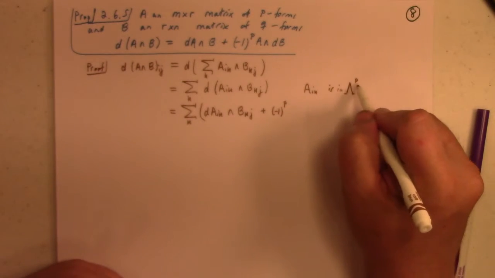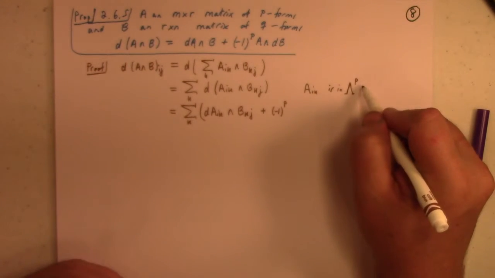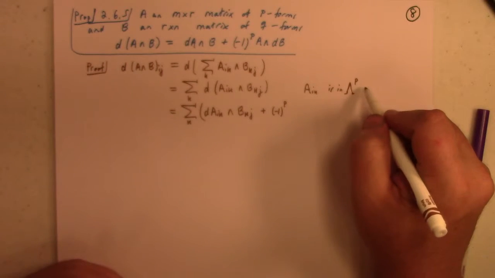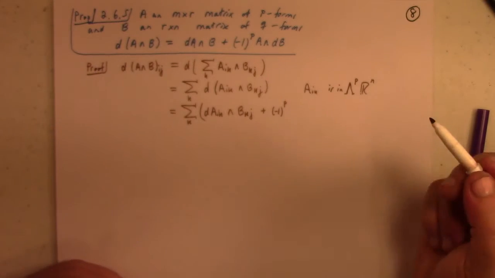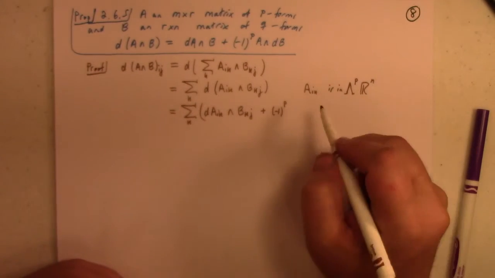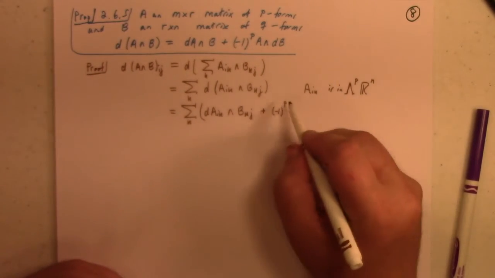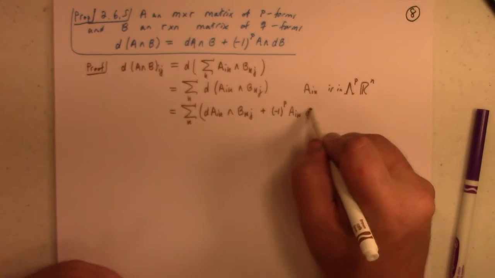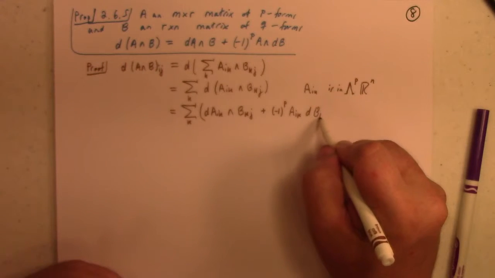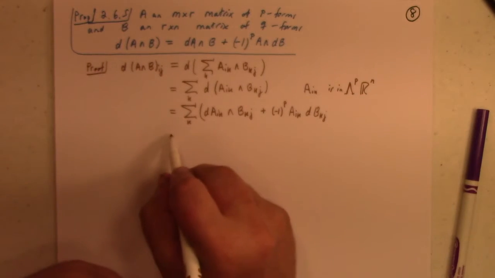I guess I'm really doing this for R^n, truth be told, but usually R^3. Anyway, so minus 1 to the p, a_ik d b_kj.